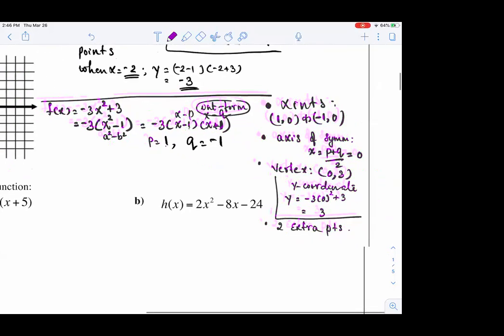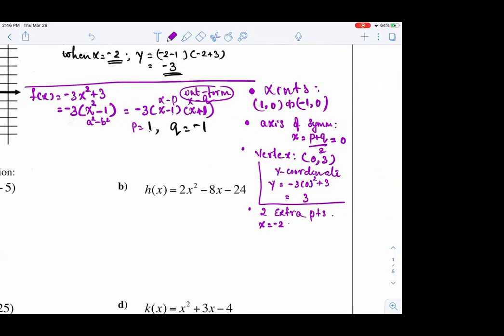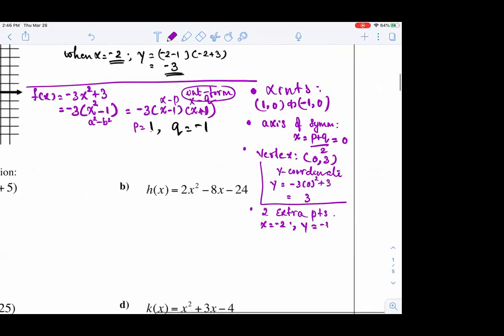Okay, let's say when X is equal to -2, go ahead, find the Y. -12 plus 9, which is?